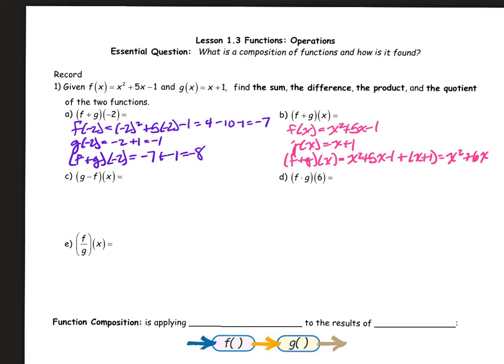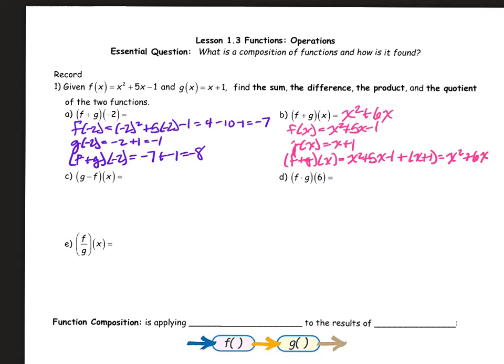Now, I just want to kind of prove to you that I'm going to get the same answer. If I plug -2 into here, I should, right, this says f plus g and this says f plus g, and I added my functions together. So if I take -2 and plug it into this function I just got, f plus g of x, which is x squared plus 6x, and I plug -2 in wherever there's an x, I should get -8.